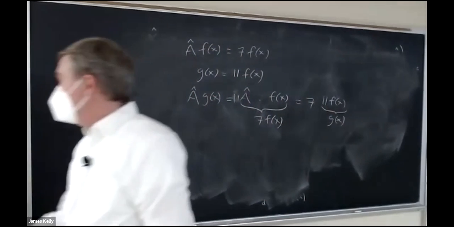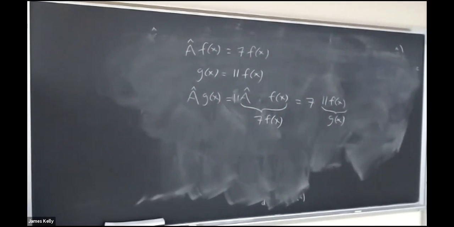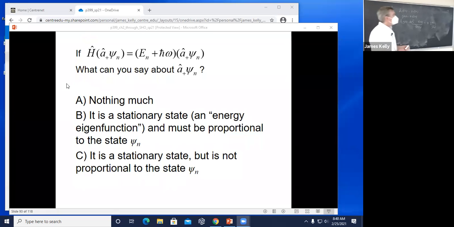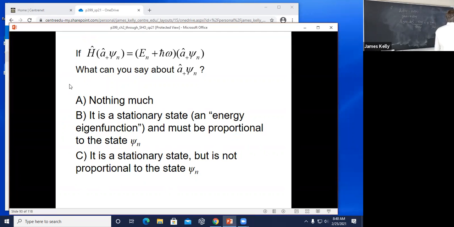Now let's go back to the slide, and this is what we've shown in this theorem. This is the punchline of the theorem. When H operates on this new function, A plus psi n, we don't get E n back again, or the same E back again. We get a different eigenvalue coming out, E plus h bar omega.